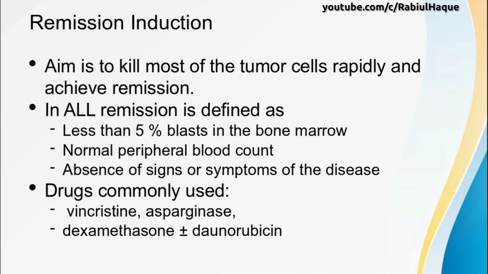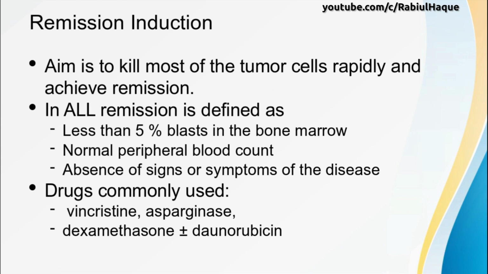So first we are talking about the remission induction phase. The aim is to kill most of the tumor cells rapidly and achieve remission. Now, what do we mean by remission in acute lymphoblastic leukemia? This is very important.